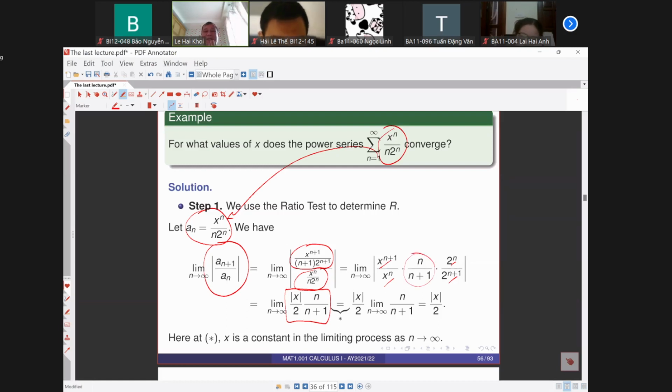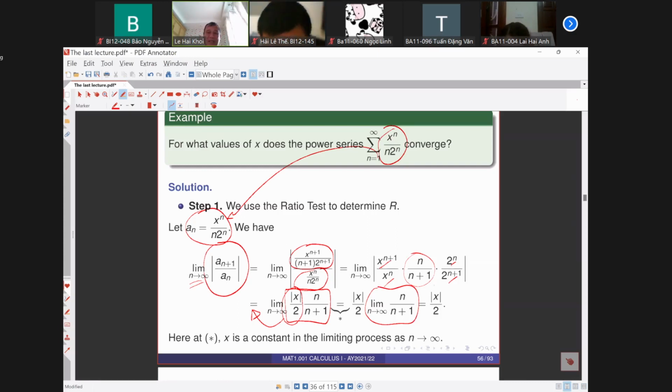So when you have this limit, please pay attention. We want to find the limit when n tends to infinity. That is, x is considered as a constant with respect to n. So that's the reason we can move out the modulus of x over 2 to have only this limit, n over n plus 1. This limit is 1.